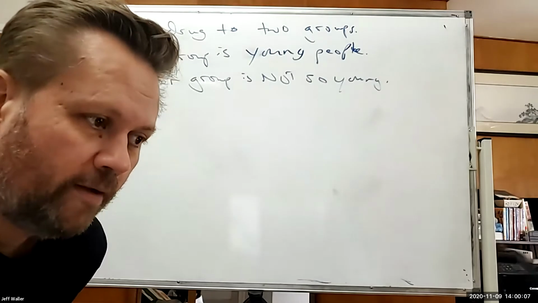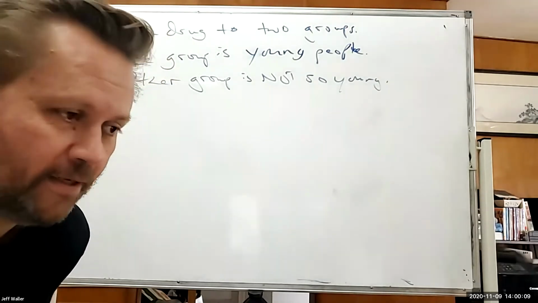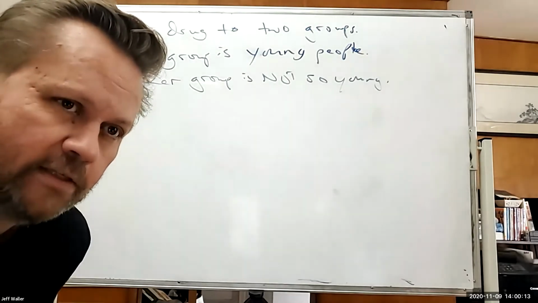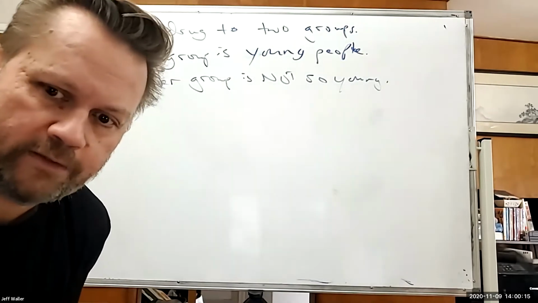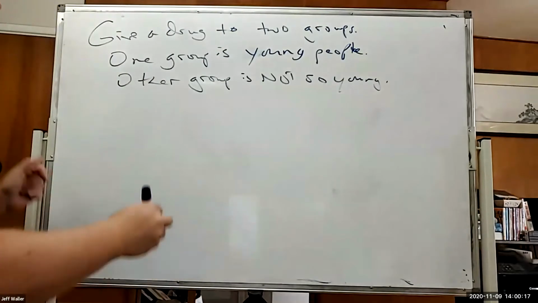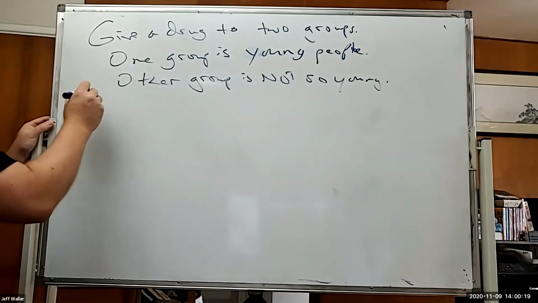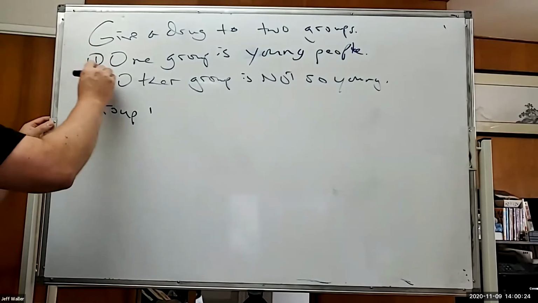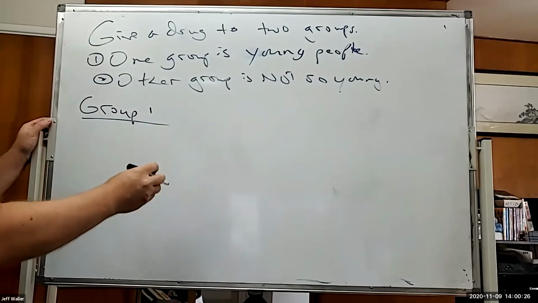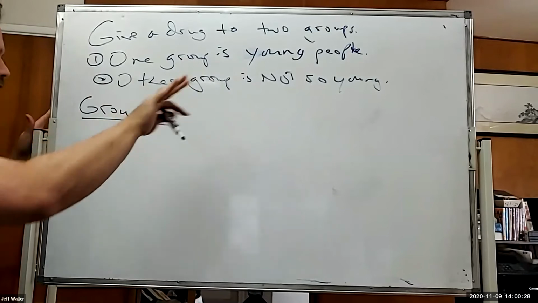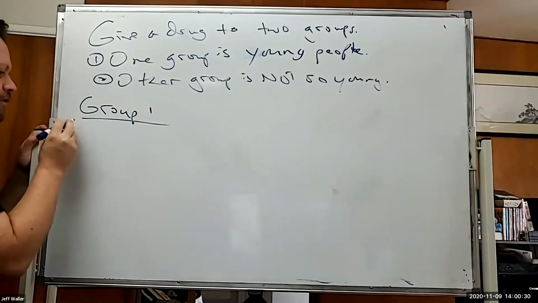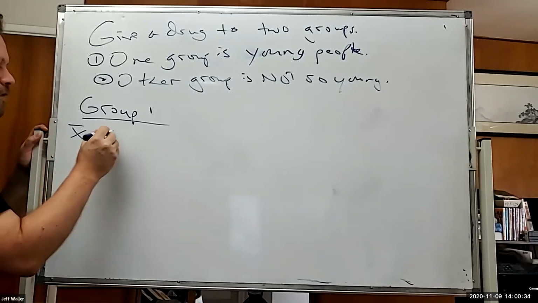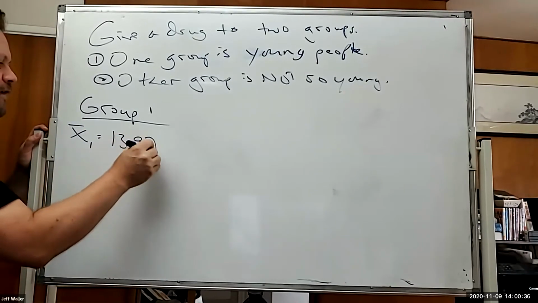So this is a little bit different. This is another way we could do a drug study, is to see if it has any different effects on different demographics or different situations. So in group 1, we found a mean of 13.97.